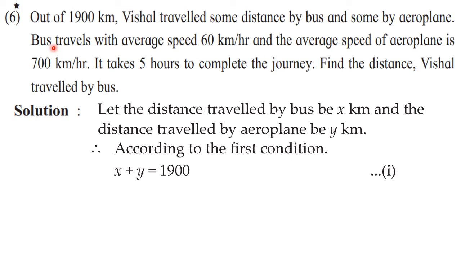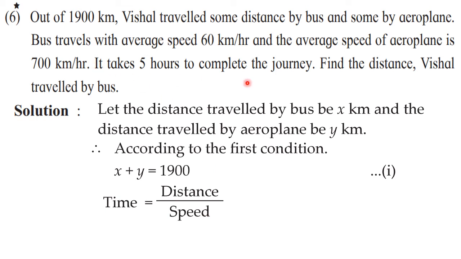That means it is possible for us to find the time taken by the bus and the time taken by the aeroplane. So these speeds we can write down, that the average speed of the bus is 60 kilometers per hour and the average speed of the aeroplane is 700 kilometers per hour, and then use the formula time is equal to distance upon speed.